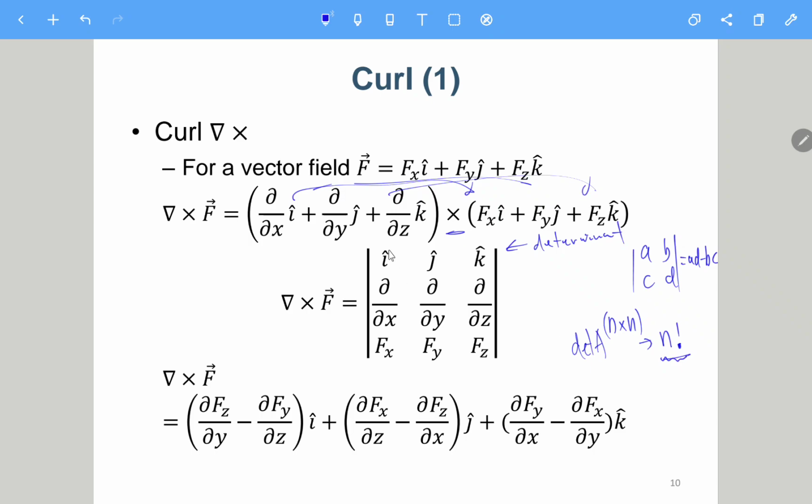The idea here is to calculate in this direction. So you have i hat partial y fz. You can try to find where it is: i hat is here, partial y fz. So this is the first one.